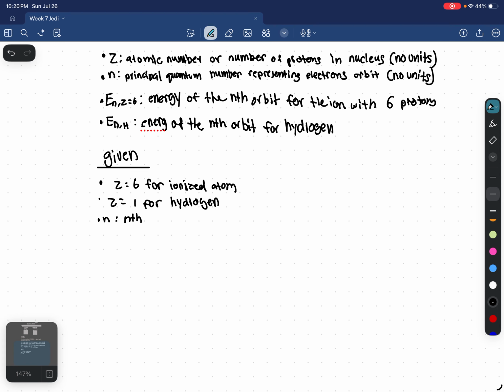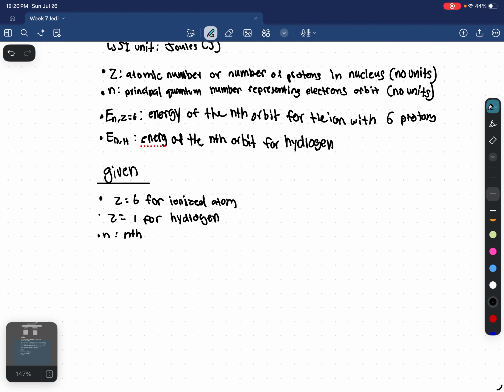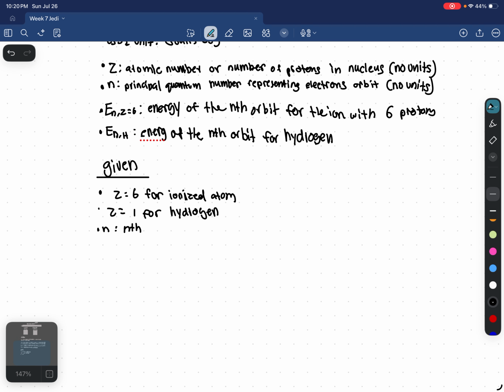Perfect. For an atom or ion with only one electron, the energy of the ninth orbit is given by this equation. Our first step is the Bohr energy equation, as the problem states we must use.